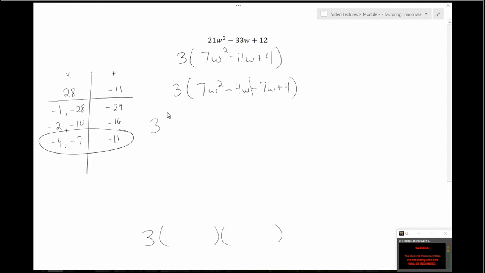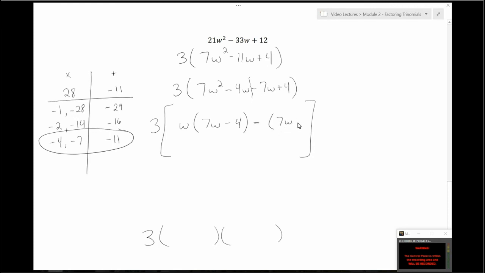So just like before, now I'm going to go ahead and just give myself a lot of room here. I want to take out the GCF, which is w, and that leaves me 7w minus 4. I want to take out the GCF for the second piece, which is just negative 1.